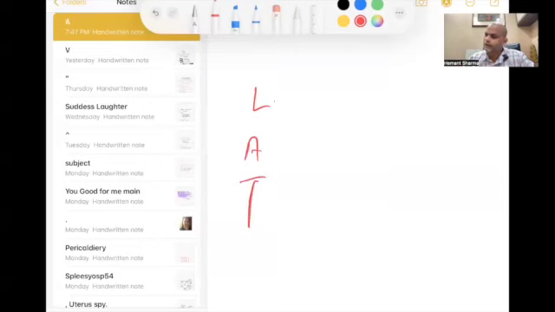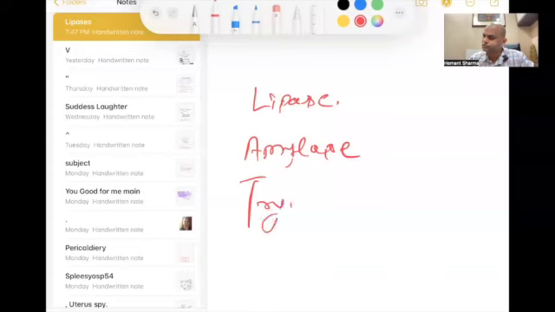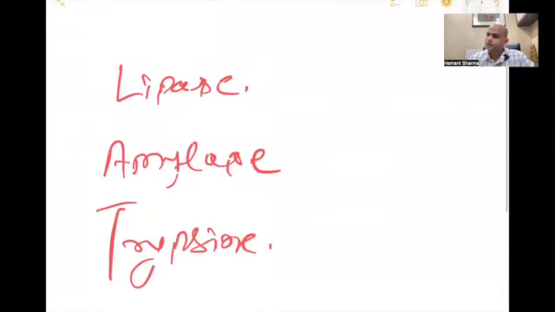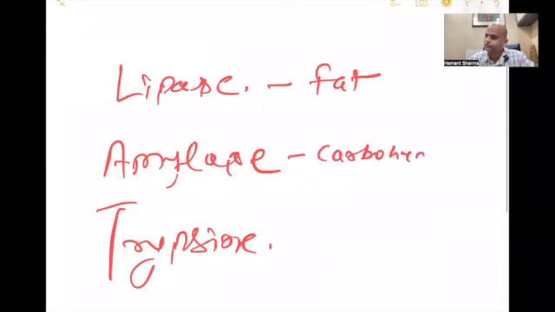L is lipase, A means amylase, T means trypsin. These three enzymes are secreted by the pancreas. Lipase digests fat, amylase digests carbohydrate, and trypsin digests protein.